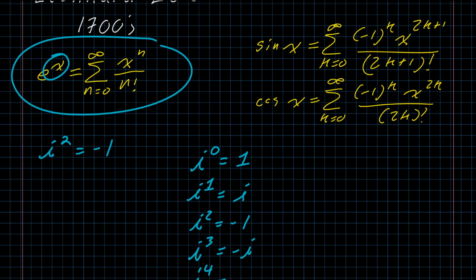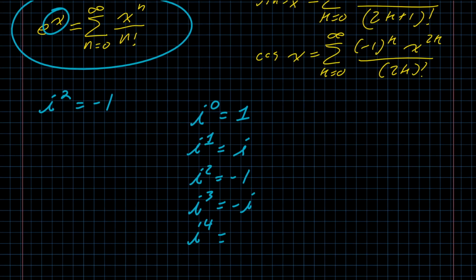Well, if you take negative i times i, that would be the negative of i squared. i squared is negative 1, and the negative of negative 1 is positive 1. And so that brings us right back to where we started. And we just go through this cycle. i raised to powers cycles through positive 1, i, negative 1, negative i, positive 1, i, negative 1, negative i, and on and on forever.